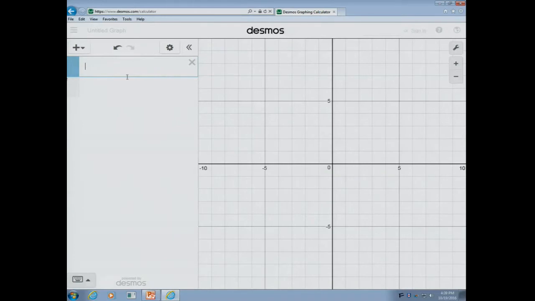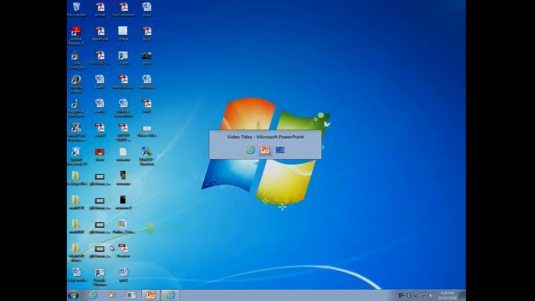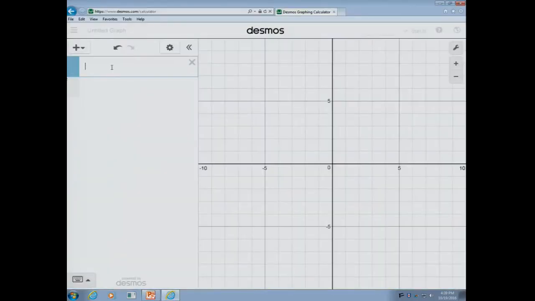And what we're going to do is graph y equals 100 thirds multiplied by e raised to the ln of 3 divided by 2 times x.